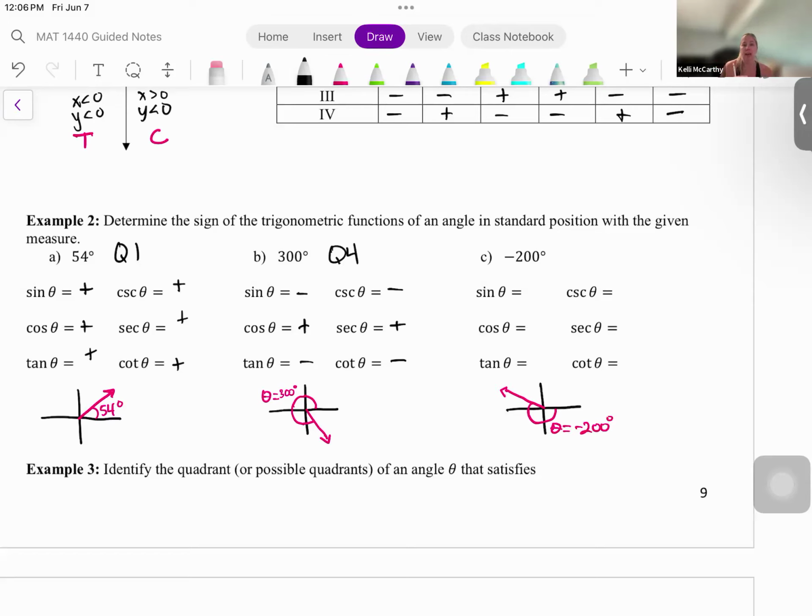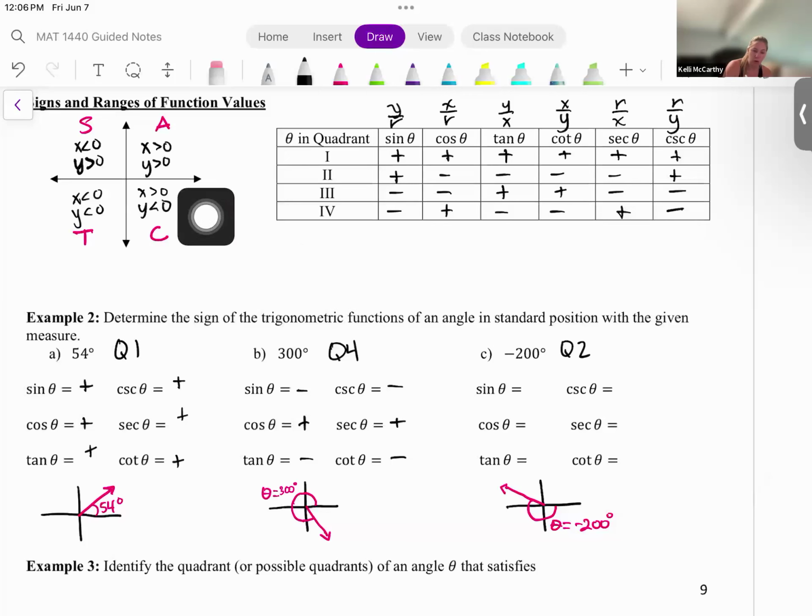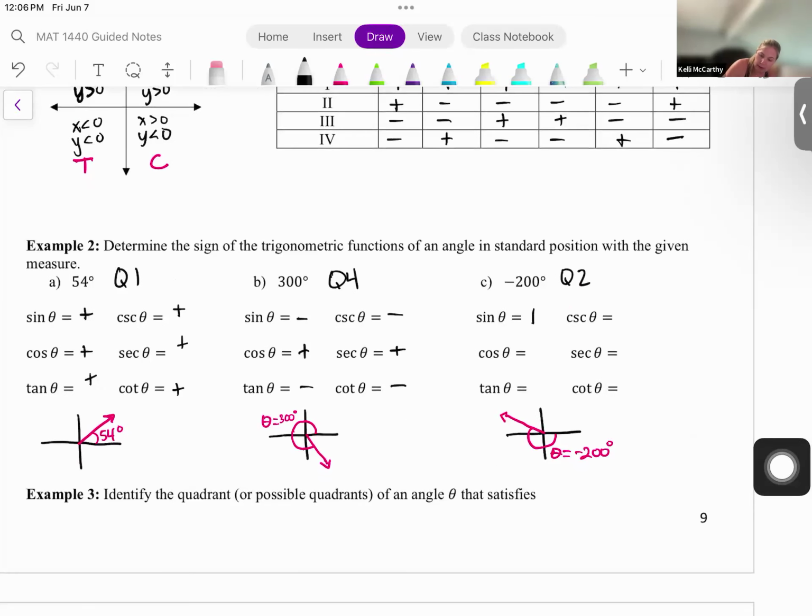Which means that an angle of negative 200 degrees is going to terminate in quadrant 2. In quadrant 2, only sine is positive. So sine is positive, and then its reciprocal cosecant is also going to be positive. The rest are going to be negative.